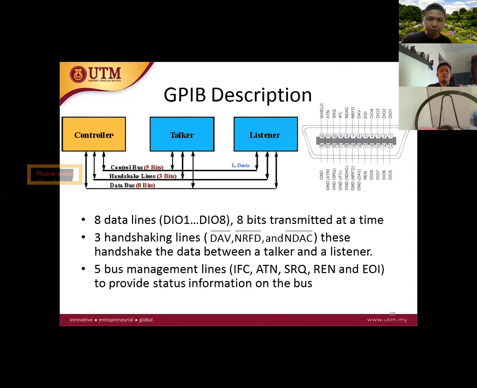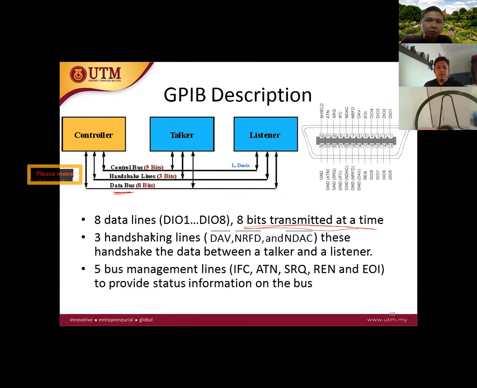The controller will decide which device will be the talker and which device will be the receiver. There is a data bus with 8 data bits, DIO1 to DIO8, meaning 8 bits are transmitted simultaneously. The data is not transmitted as a stream; it is transmitted with a parallel protocol.